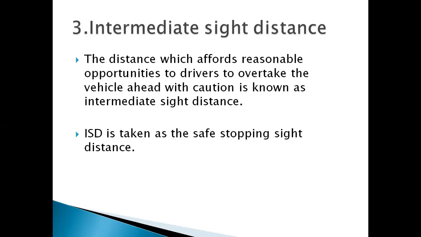That is, this sight distance gives the driver the opportunity to overtake the vehicle with awareness and care. Intermediate sight distance is taken as twice the safe stopping sight distance, because it gives the driver awareness before overtaking the vehicle.